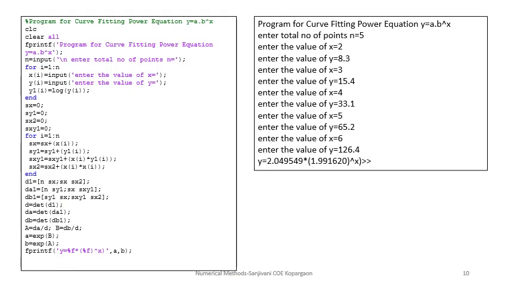So this is the code which is used for y is equal to ab raised to x. In this program also, you will see that the first loop is to take the values. Then we initiate all the variables to 0. Then we find the values which are required as per the equations, and then we solve the determinant with the help of Cramer's rule.